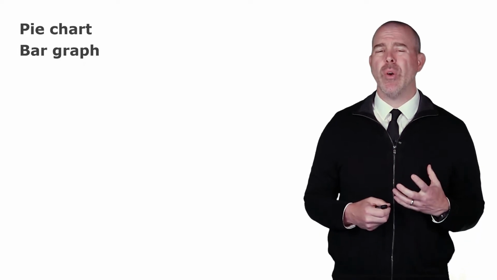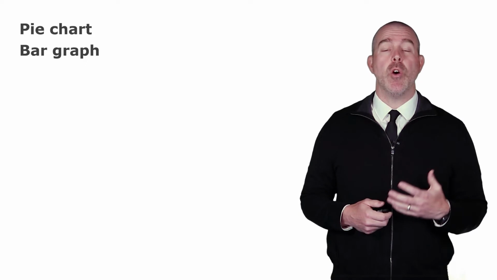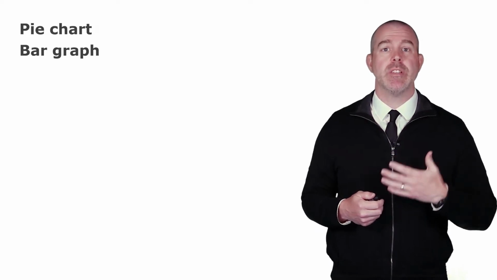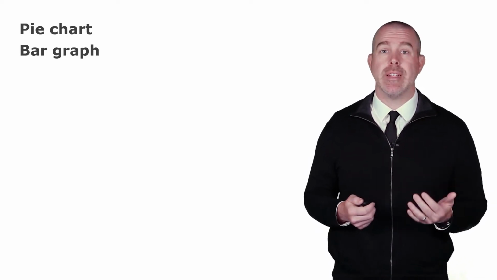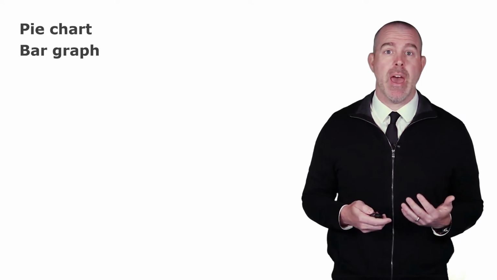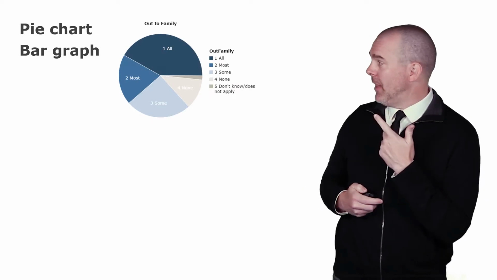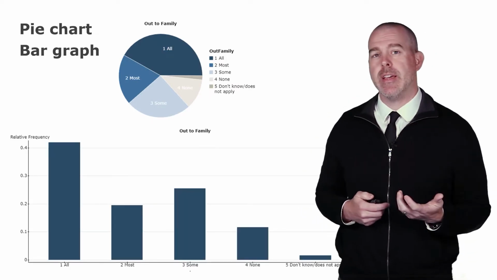Now, sometimes it's important to consider which type of graph would be most appropriate. So within that same database is a variable about how much of the family the individual is out to. Is it all, most, some, none, or it doesn't apply? Maybe they're not out to their family at all. So we have this variable. We can make a pie chart of it, looks something like this. And we could make a bar plot of it, looks something like this.